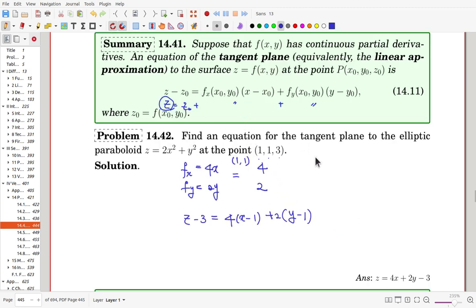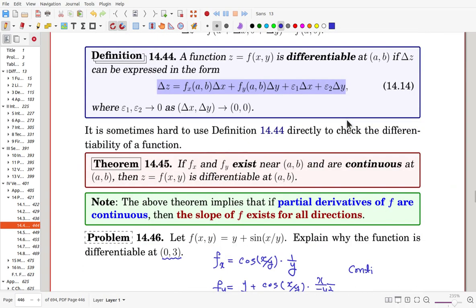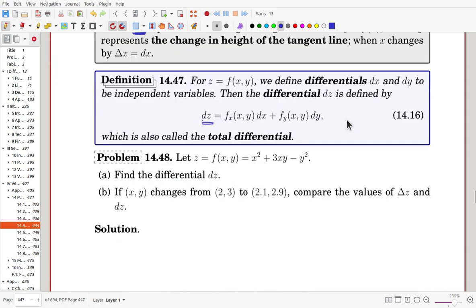Here, this is the change in the tangent plane, with f sub x the change in the x direction, and f sub y the change in the y direction. So the differential basically represents that equation. Okay, don't be confused. dz must be the change on the tangent plane.